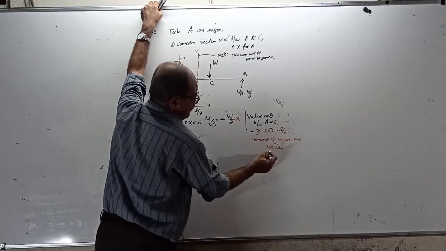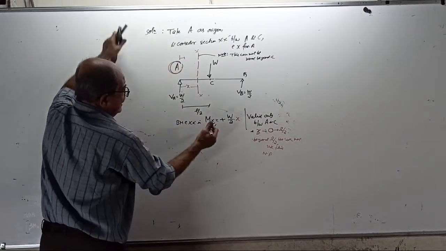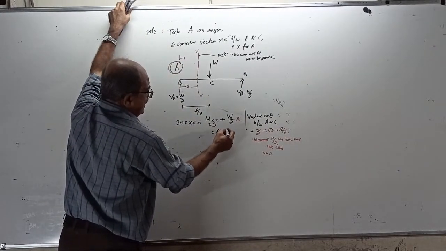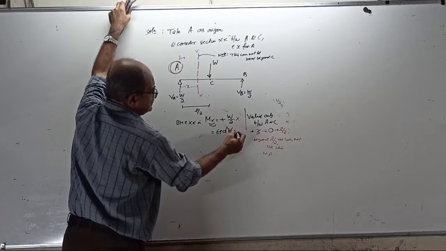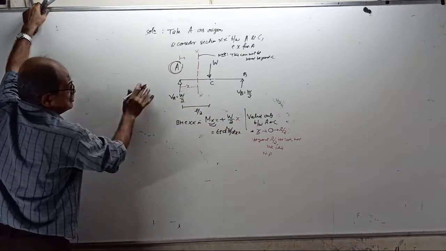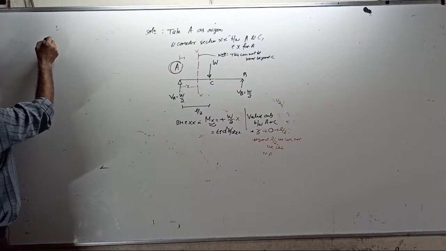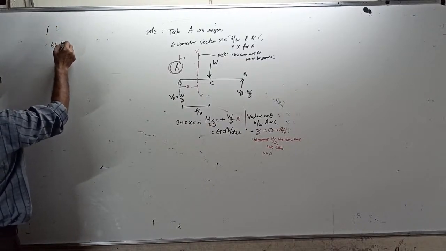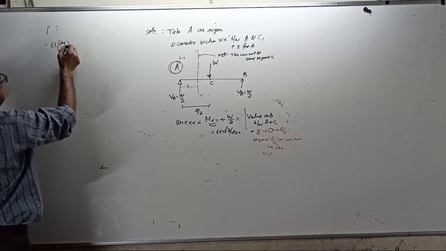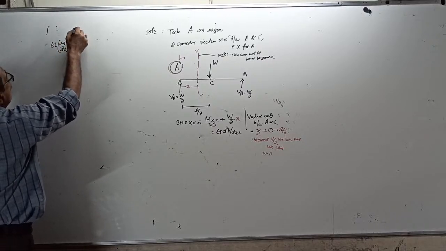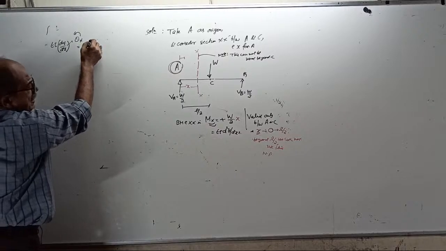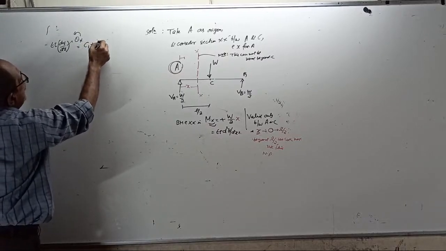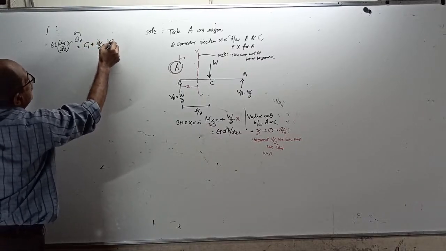But no problem. Tell me, why no problem? See, first, EI d square y by dx square equal to M. Start. First I will solve. First, integrate. You get EI dy by dx, that is theta x anticlockwise, equal to C1 plus W by 2 into x square by 2.